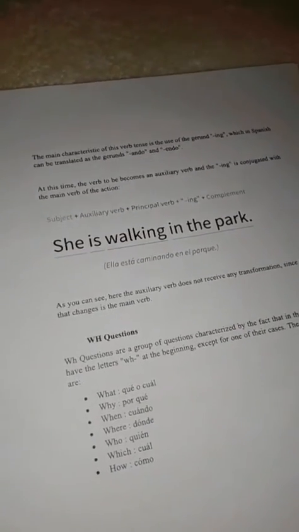The main characteristic of this verb tense is the use of the gerund ing, which in Spanish can be translated as the gerunds ando and endo. At this time, the verb to be becomes an auxiliary verb and the ing is added to the main verb of the action.